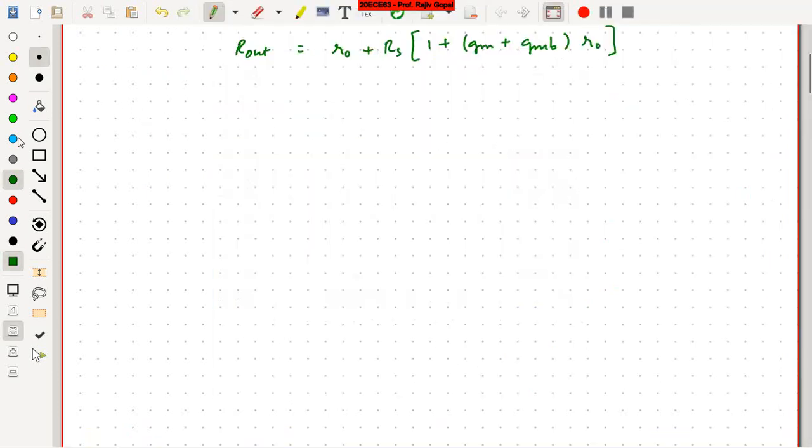High frequency analysis of the CG amplifier.